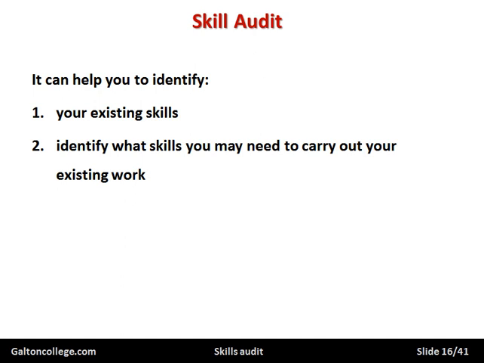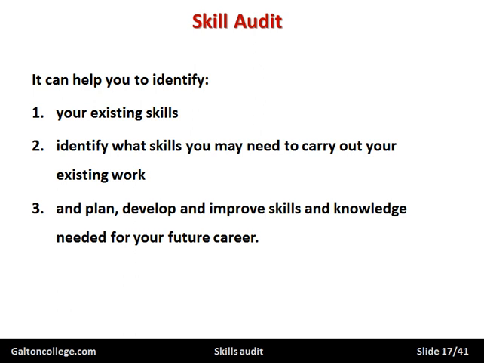So looking at your skills and then looking at what can be done to improve your skills, so you can identify improvement areas. So you can plan and develop and improve skills and knowledge needed for your future career. It may be that you want to move job later and you're going to need extra skills to do that. Well, this can identify those.